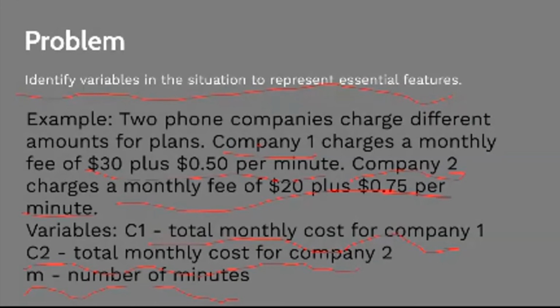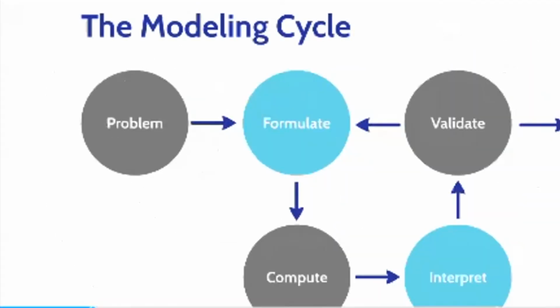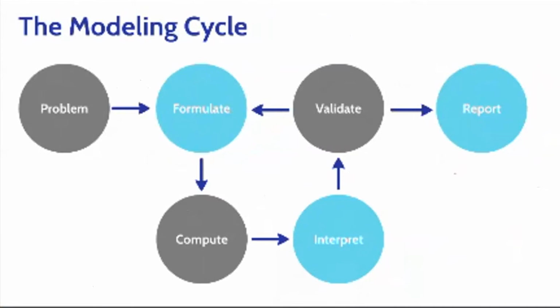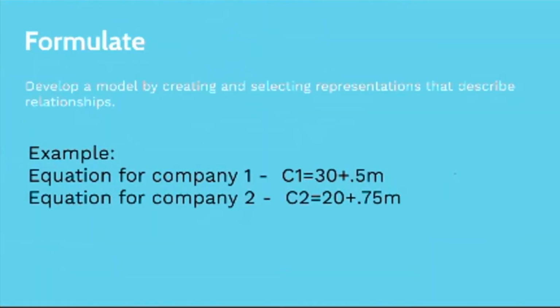So just identifying what those variables are is the first part. After we determine what the problem is, then we need to formulate. Basically, you're going to develop a model by creating and selecting representations that describe the relationships between your variables.